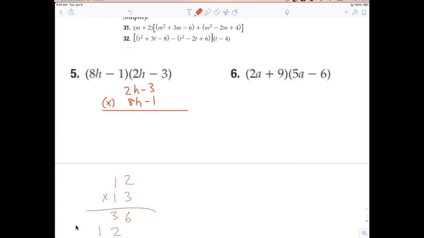Again, same pattern. Negative 1 times negative 3 is positive 3. Negative 2h. Negative 24h. And just be careful, h times h gives us h squared. So now we're just adding them. 16h squared minus 26h plus 3.